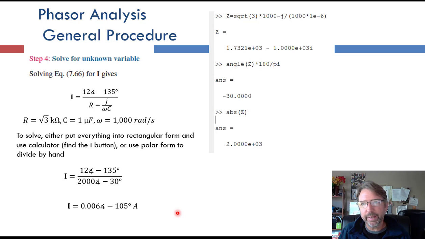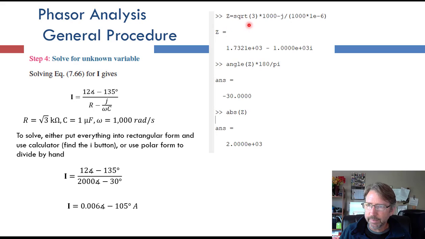If we wanted to do this by hand, it's probably easier to do this division. This is where we started the last step in polar form. So leave the 12 with a phase of minus 135 on the top and convert this to polar form using the equations for rectangular to polar transformation.